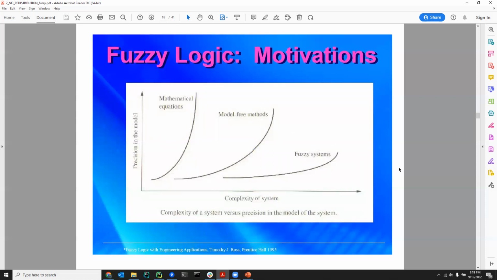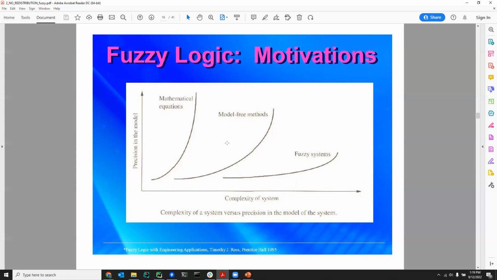This is a general notional plot of the precision versus the complexity for different types of methods for modeling of systems. So on this end, notionally, you have mathematical equations, so explicit mathematical equations, which generally have extremely high precision, but the precision falls off the more complex the system becomes.